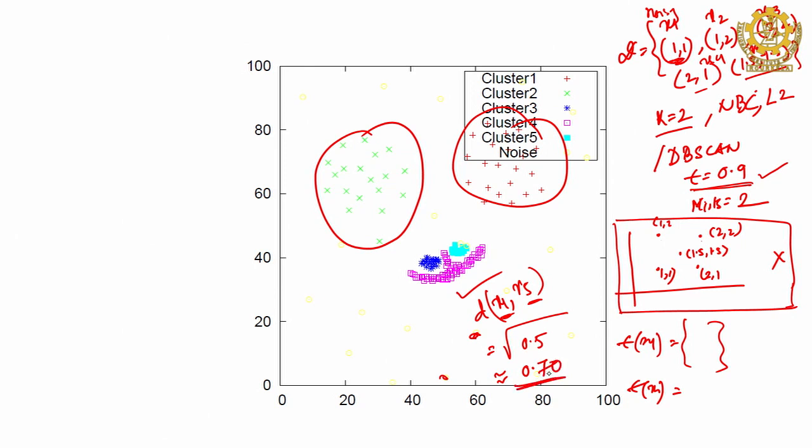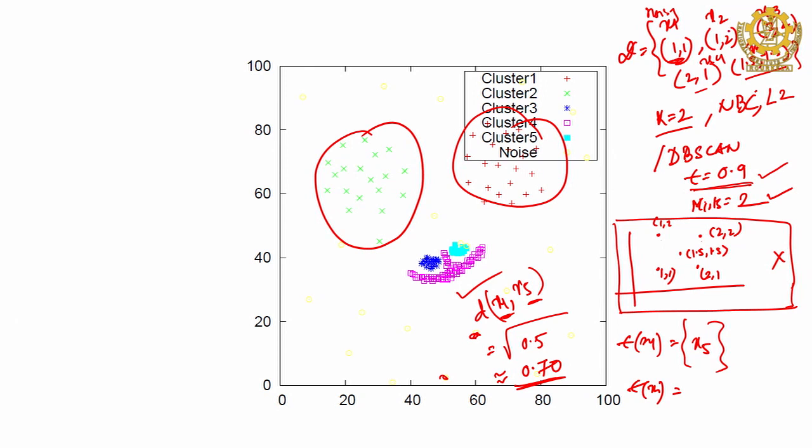So, x5 will be included, but the minimum points is 2, so this point will be a noisy point and you cannot explore.